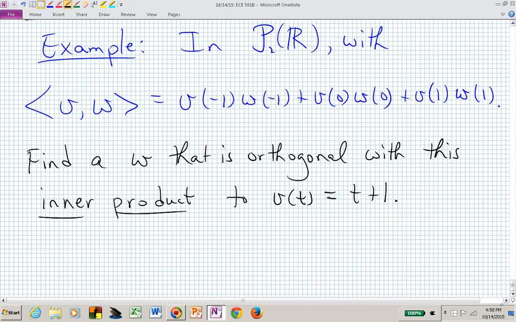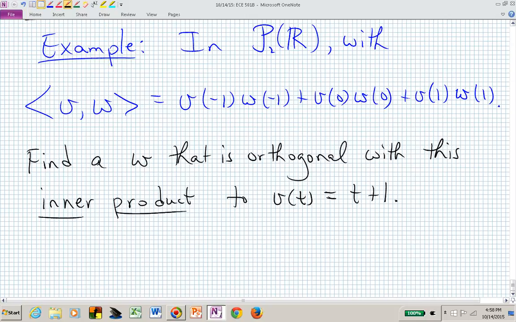So before today's class, if I said, okay, here's a polynomial, v of t equal to t plus 1, and I want you to work on the second order polynomials, find a polynomial that's orthogonal to that. Would you have known how to start, or what to do, or what that even means? How do I find a polynomial that's orthogonal to another polynomial? Now you have a strategy.